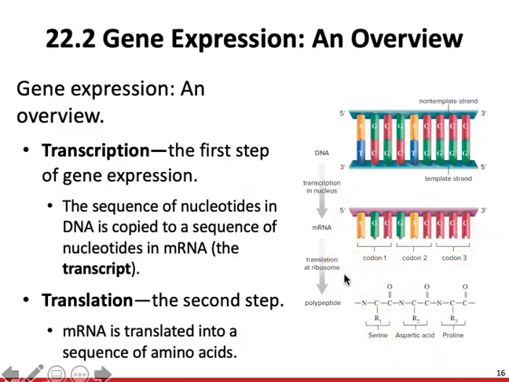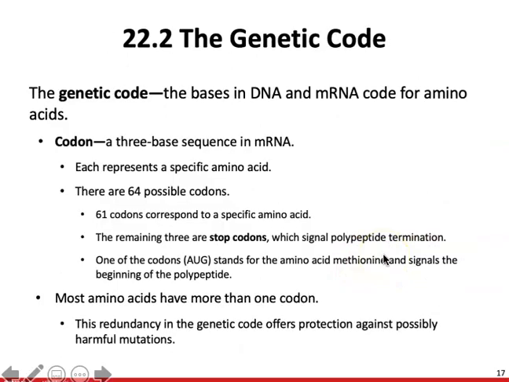The so-called words are what we refer to as codons. So codons are going to be a 3-base sequence in mRNA. Each 3-base sequence in mRNA is going to represent a specific amino acid. It's kind of like how a three-letter word is going to represent a whole word, like the word cat, C-A-T.